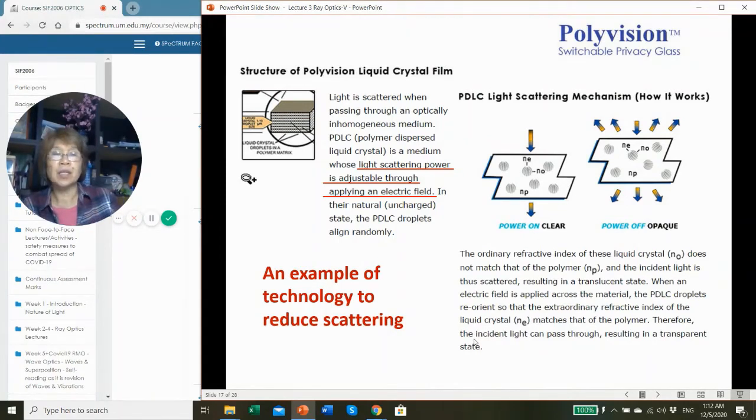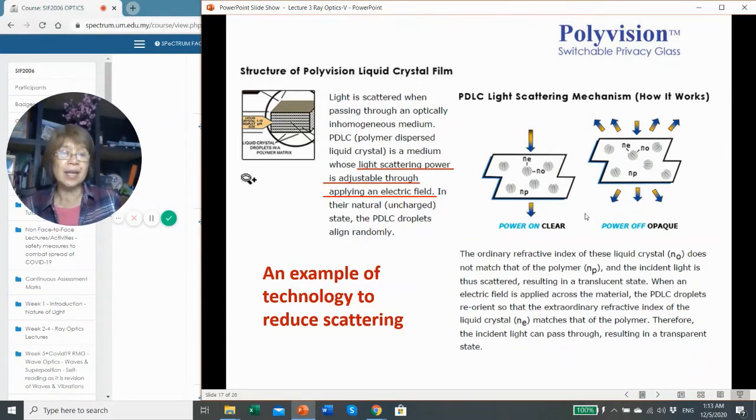The ordinary refractive index of the liquid crystal does not match the refractive index of the polymer dispersed in this liquid crystal. So incident light that enters will be scattered, and this sheet of material becomes translucent.